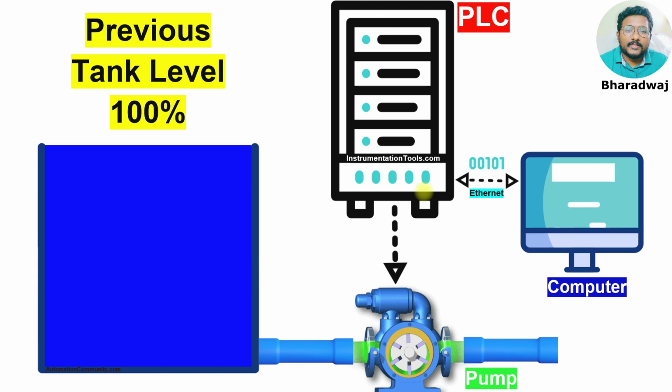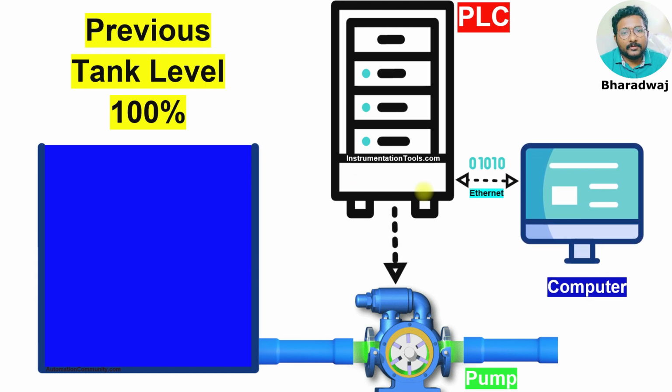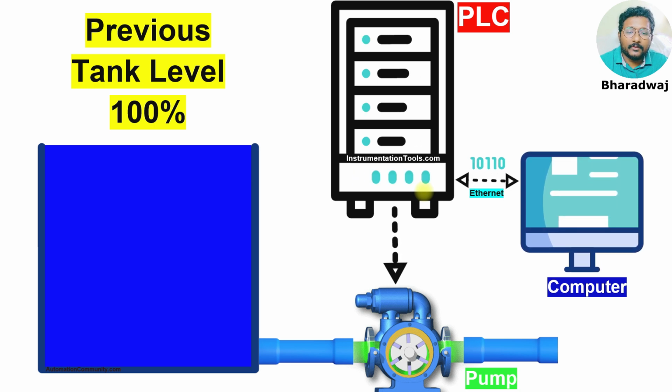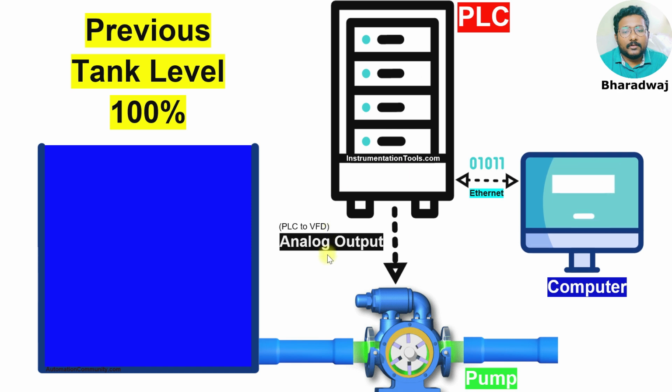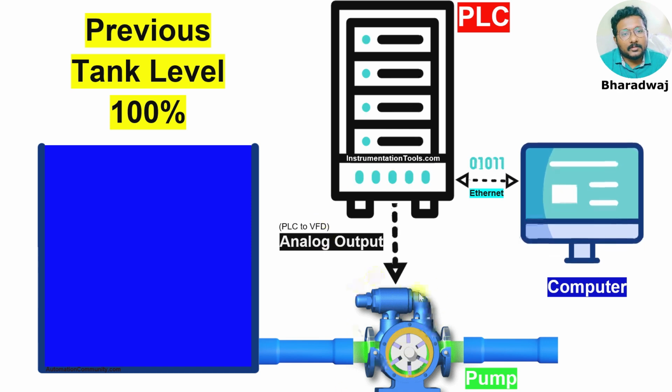Generally, this analog output will go to electrical devices like a VFD, variable frequency drive. This drive will control the pump or motor power supply so that we can control the pump speed. For simple understanding, I am not discussing those things.